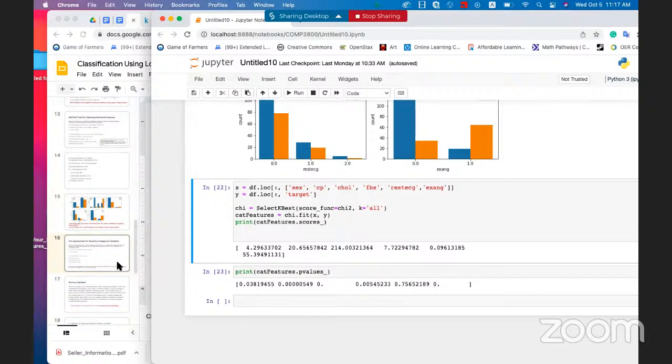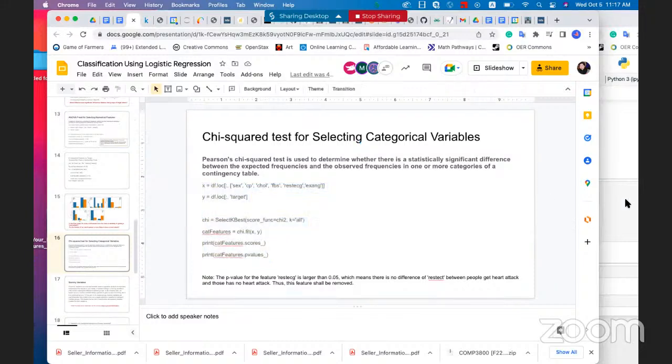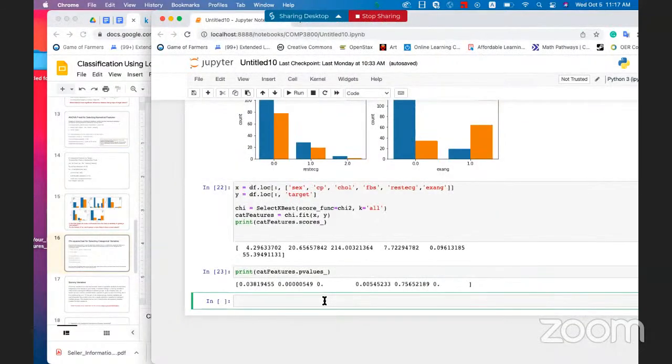So what we have to do is drop this column.